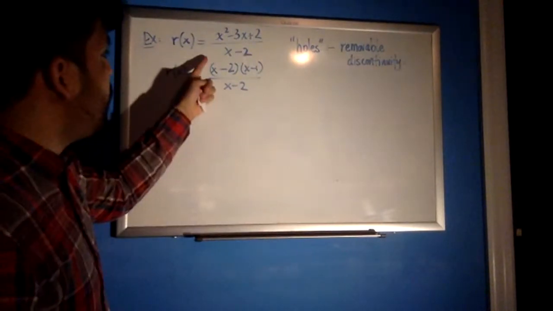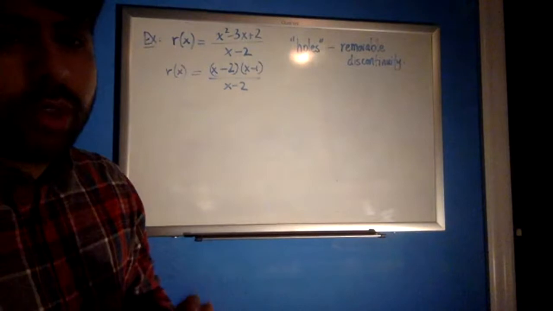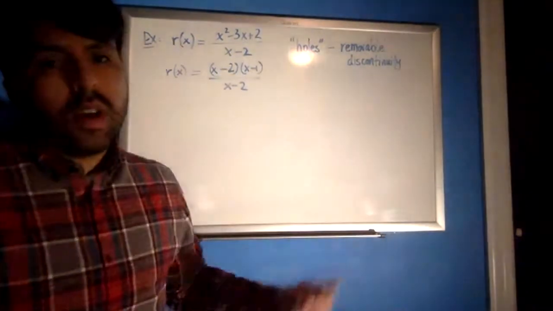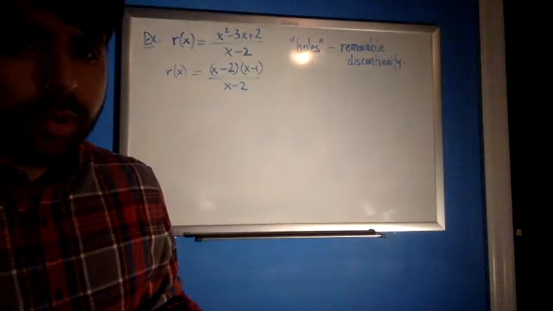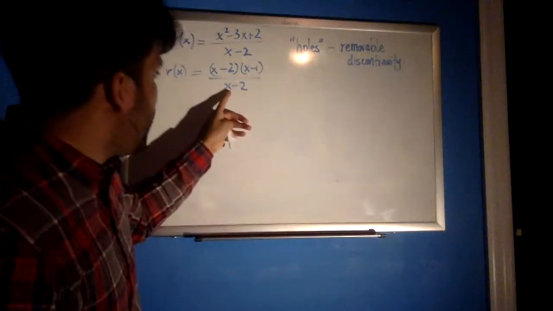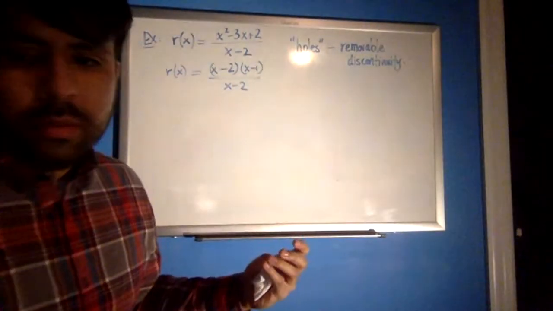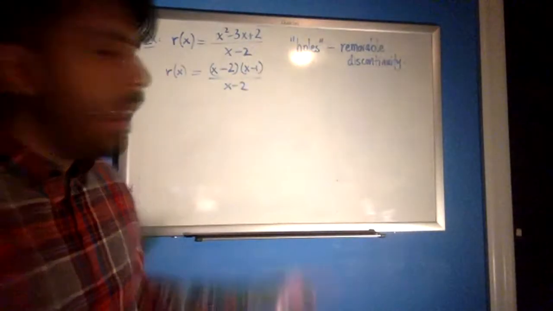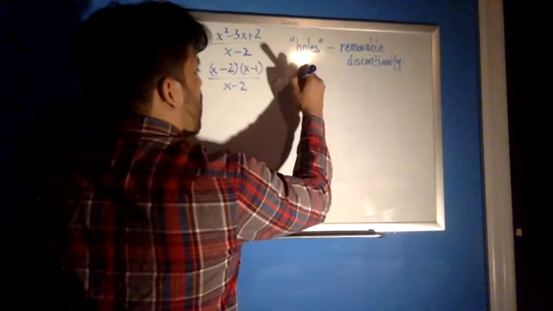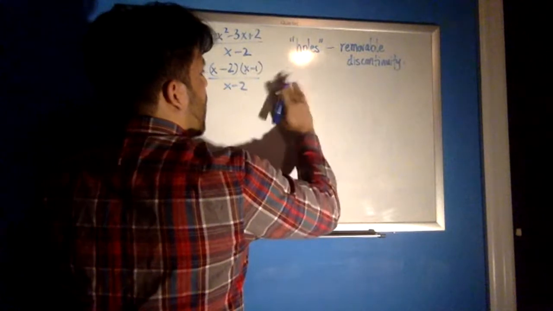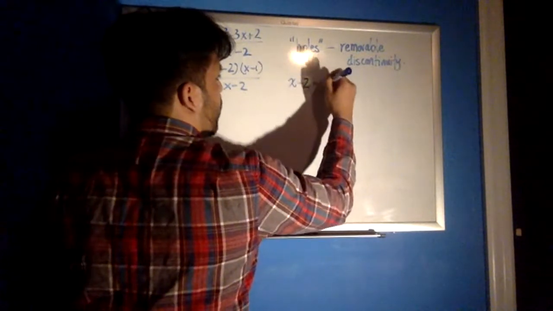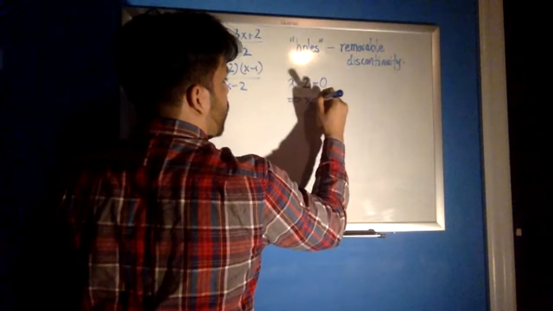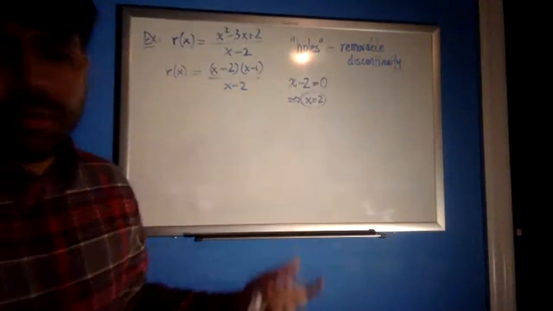You're only able to divide the x minus 2's when the x minus 2's are non-zero, meaning that this value here is not equal to 0. When does this value equal 0? x minus 2 equals 0 when x equals 2. Isn't it true?